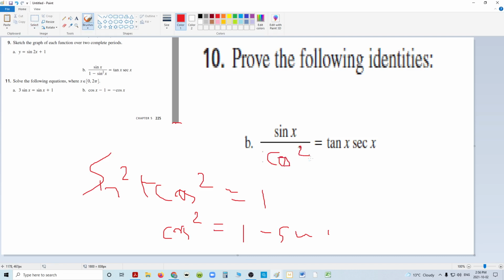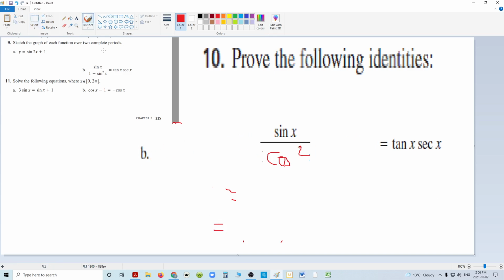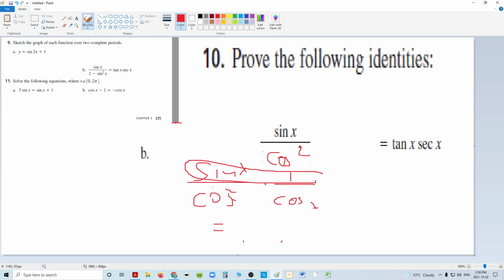Well, I'm allowed to take this fraction up above, and I'm trying to equal this on the right. Well, this fraction up above is the same as sine x over cos times 1 over cos. If I multiply these out, I get that.